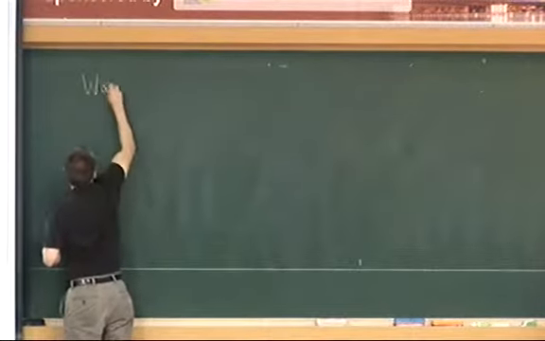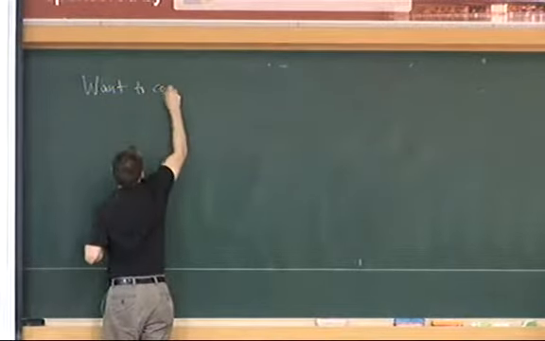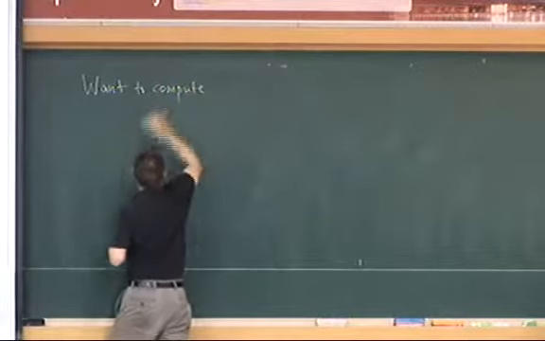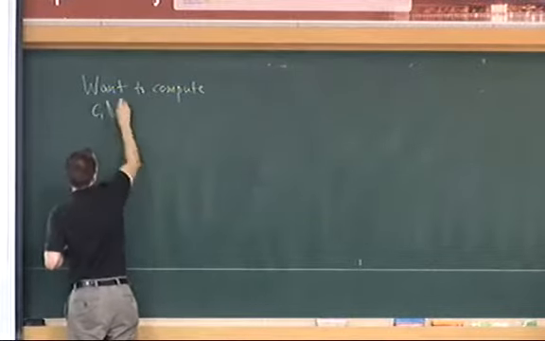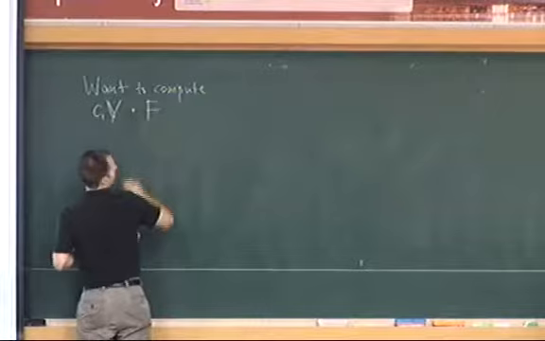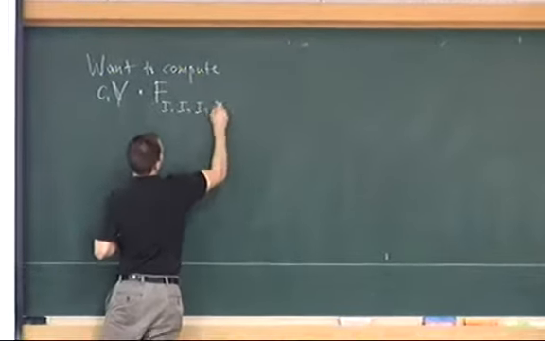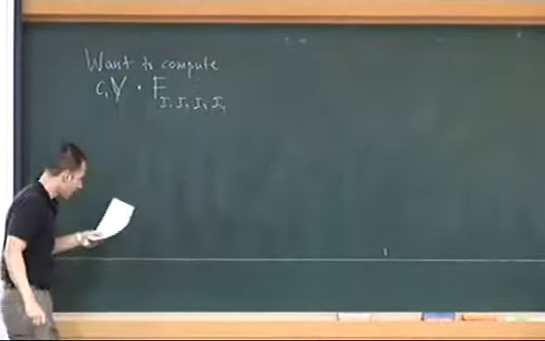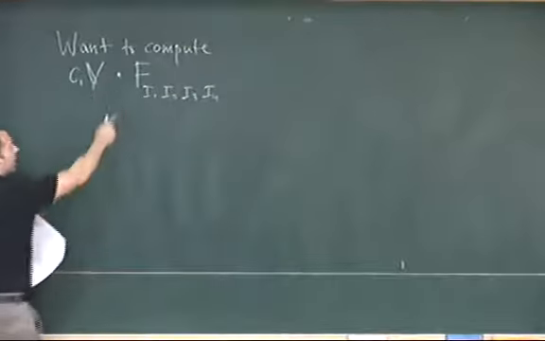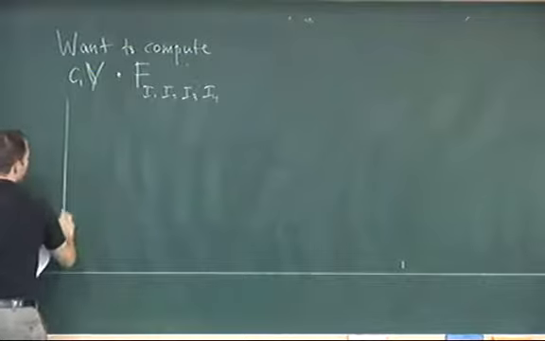All right, so I want to compute C1 of my vector bundle dot an F curve, which I'll write as F, I1, I2, I3, I4. And this F curve, remember, what does it look like?